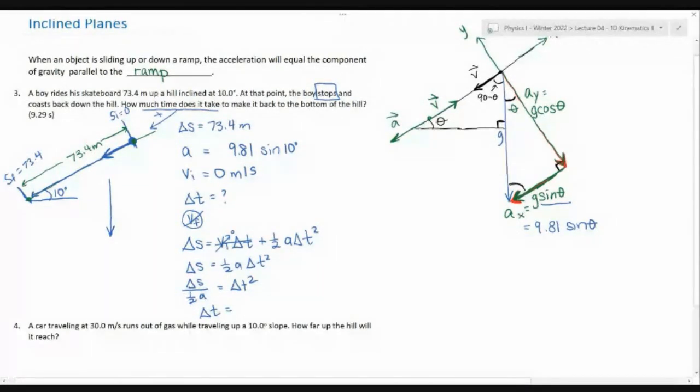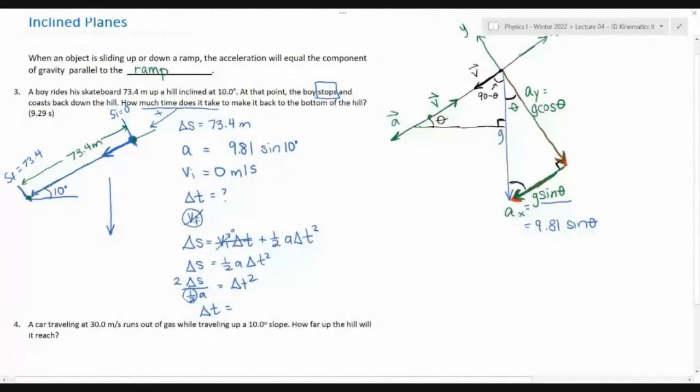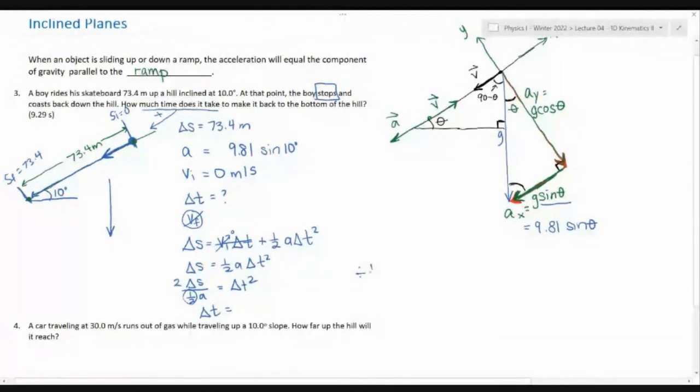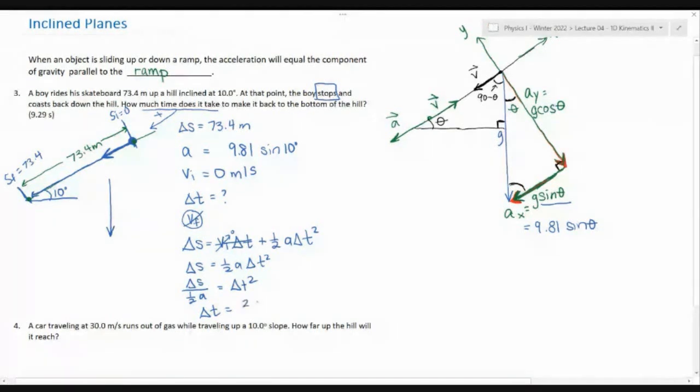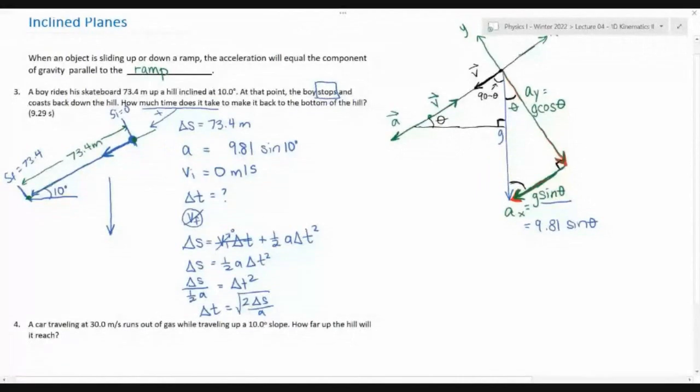I can bring this 1/2 to the top as a 2. So dividing by a half, remember, division by a fraction is the same as multiplying by the reciprocal. So I can bring that 2 to the top if I want to. If you don't want to, you don't have to. But I'm going to do that just to make it look a little bit simpler. So I have delta T is equal to the square root of 2 delta S over A.